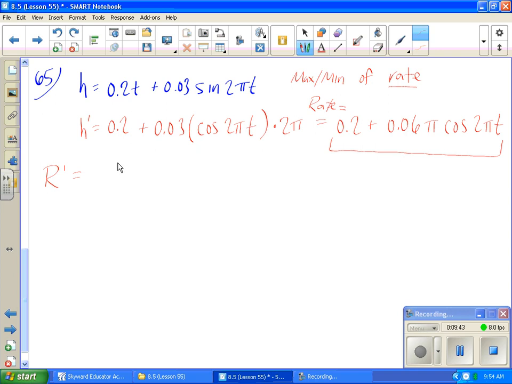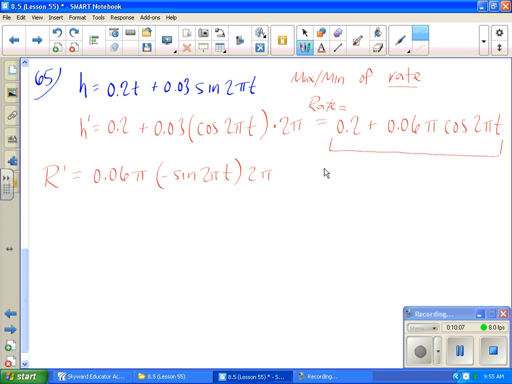Derivative of 0.2 is 0. Derivative of this, I'm just going to pull the constant out front. Derivative of cosine is? Negative sine. So I'd have negative sine of 2 pi t, and I need to remember to multiply by 2 pi.